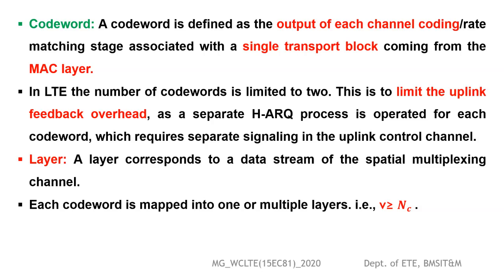Each code word is mapped into one or multiple layers, depending on what type of MIMO mode is used. The number of spatial layers will always be greater than or equal to the number of code words. Anyhow, the number of code words is limited to only 2.